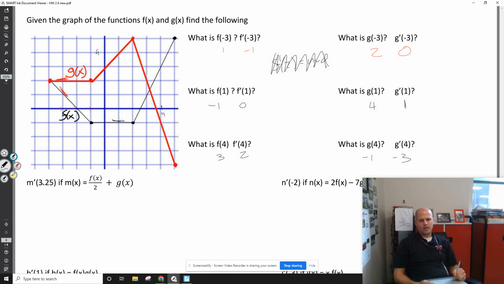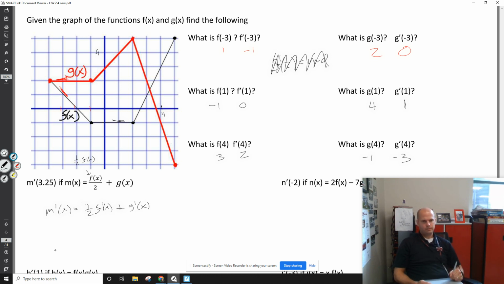Ooh, this is a good one. 3 1/4. What? I don't know what the points are. I don't know those points. But I don't need the points because M prime, again, don't use the quotient rule. This is 1/2 f of x. The derivative, keep the constant, take the derivative of the function, is that.